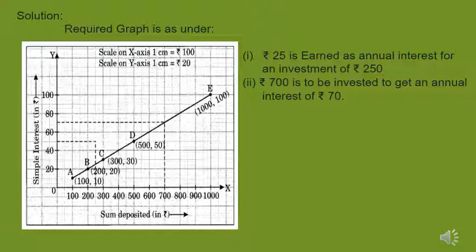From that we concluded the first answer: rupees 25 is earned as annual interest for an investment of rupees 250, and rupees 700 is to be invested to get an annual interest of rupees 70. So these are the required answers for the given questions.